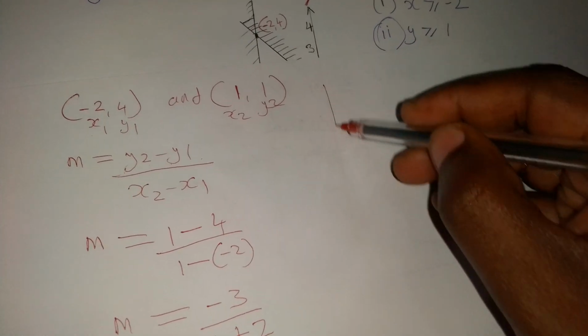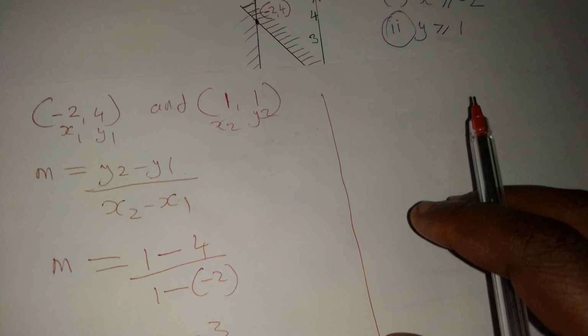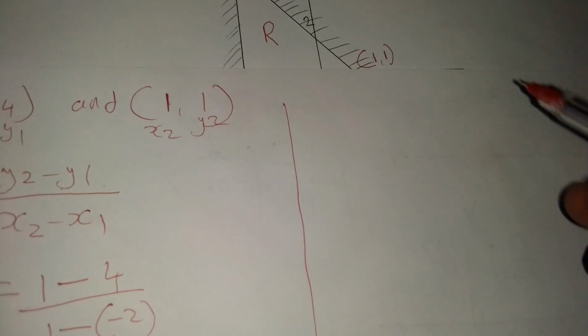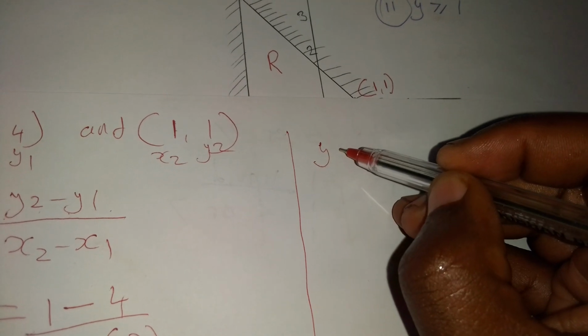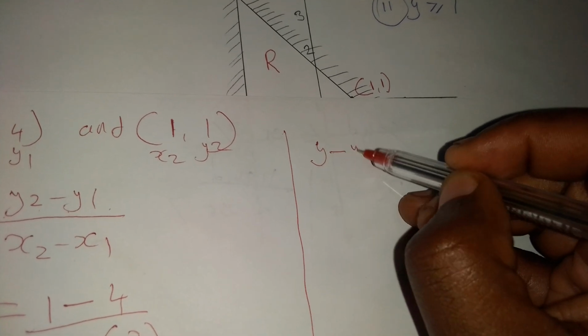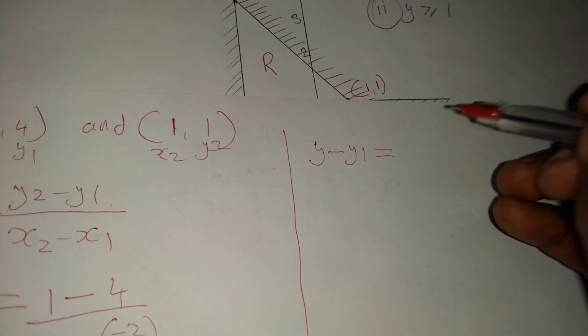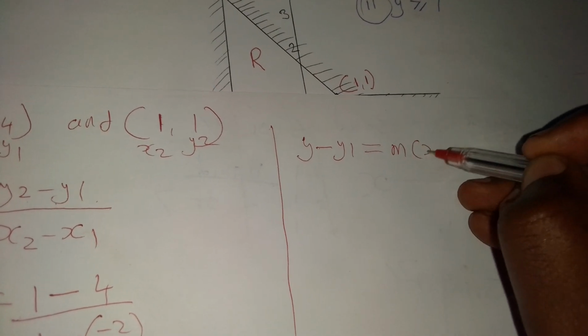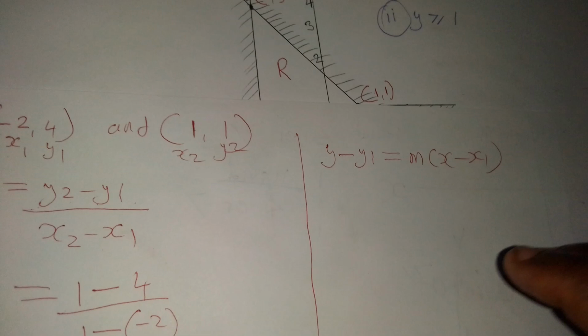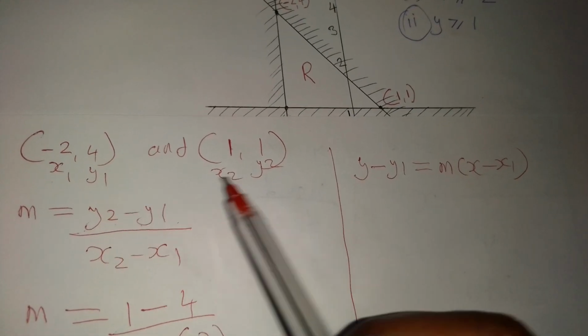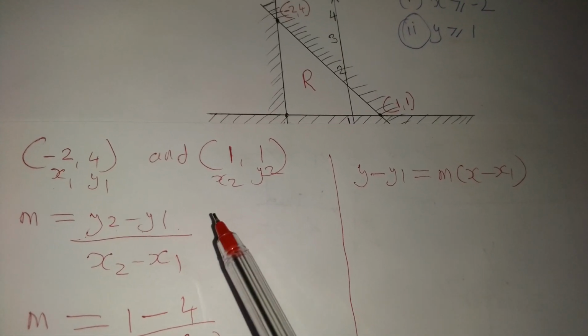So we know that when finding the equation of the straight line, we use this formula: y minus y1 equals m times x minus x1. Okay. Then we can pick any point here to find the equation of a straight line.